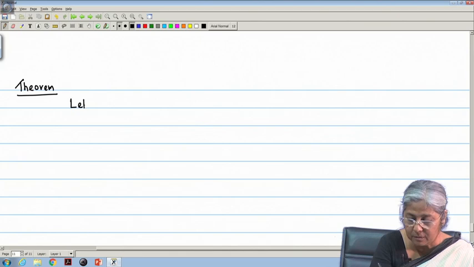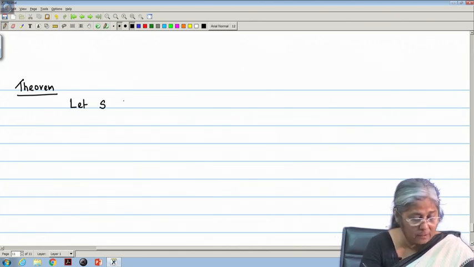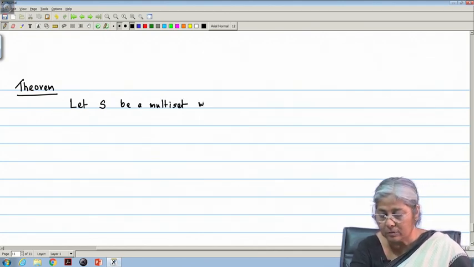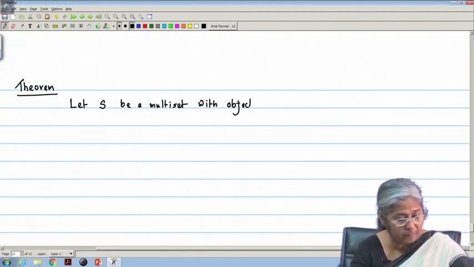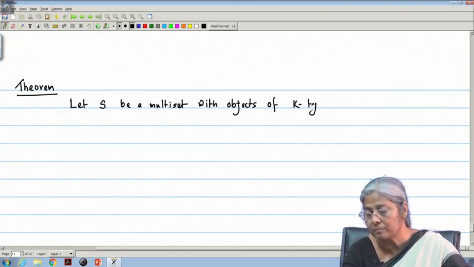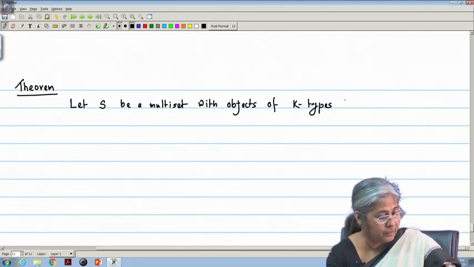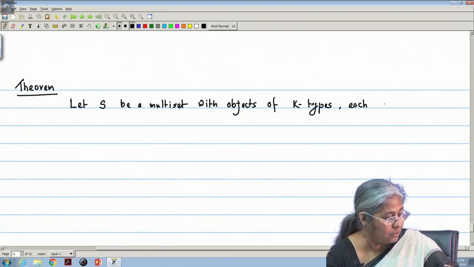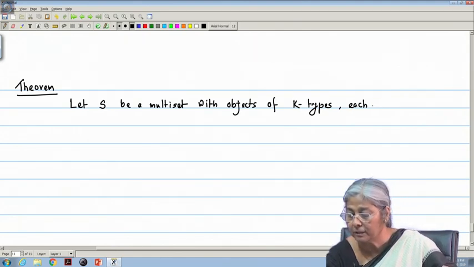The statement: let S be a multiset with objects of k types, each with an infinite repetition.